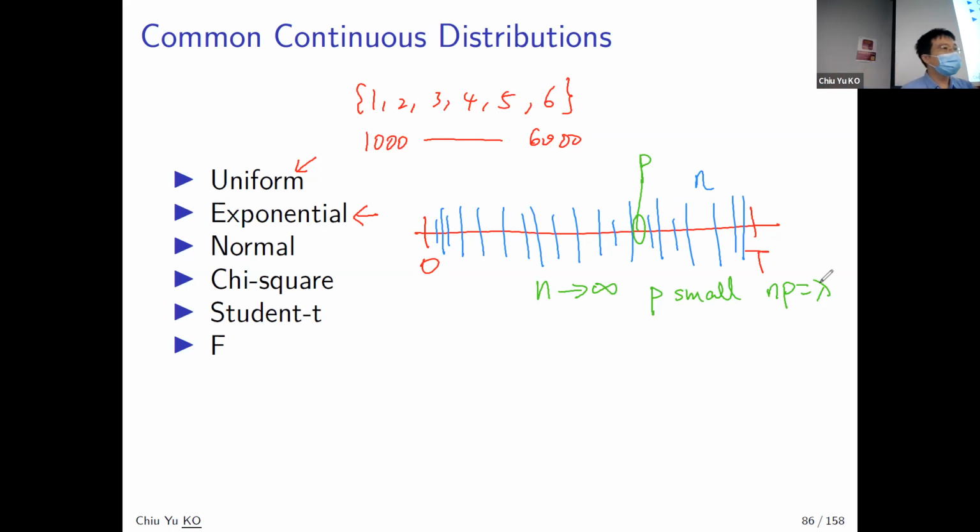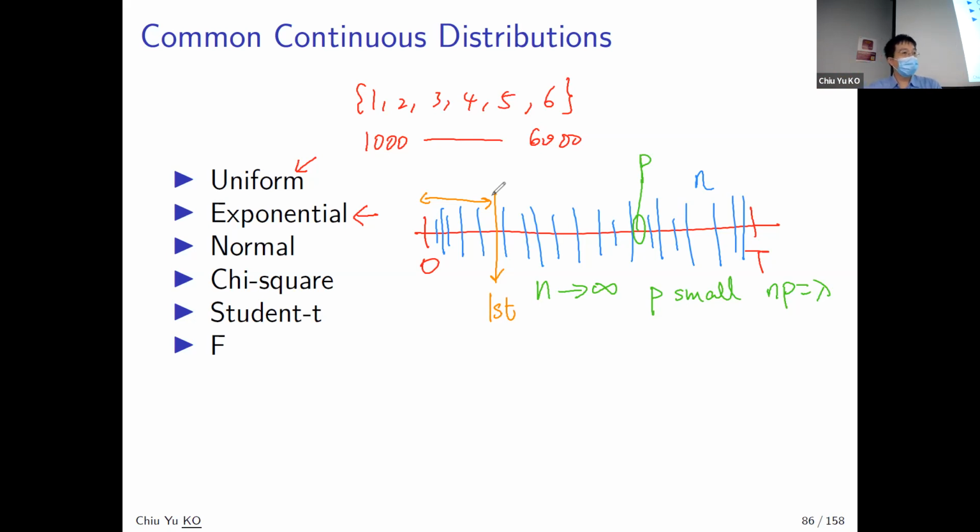Now, exponential is just the following. It's just the first event supposedly happening here, okay? And exponential is the time that the first event happened, okay? Let me repeat the statement. There's a Poisson process here. There can be many outcomes, right? That may happen somewhere or may not even be happening, right? But anyway, the time until the first event happened is exponential, is the random variable that follows the exponential distribution, right?